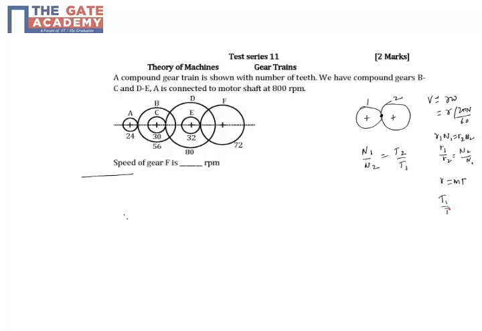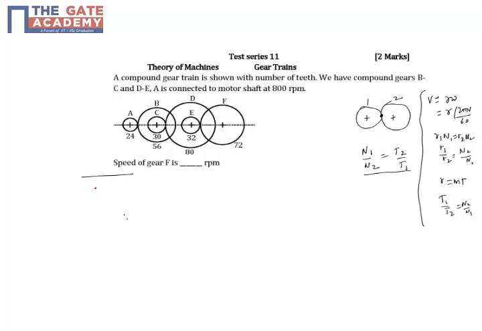So T1 by T2 is N2 by N1. I have briefly shown this equation, but again this is logical. The larger radius gear will have a large number of teeth and less speed. So the number of teeth and the speed vary in the inverse ratio. This can be applied for the gears which are in mesh only.